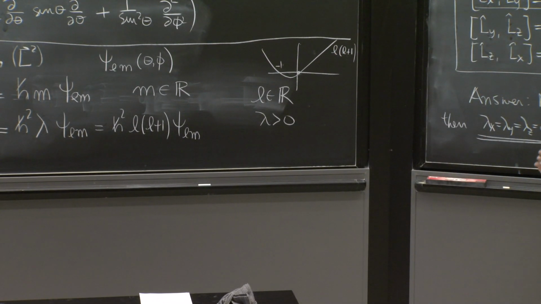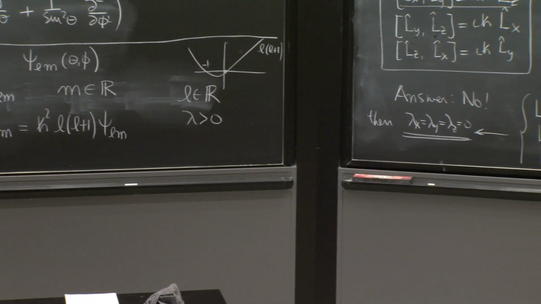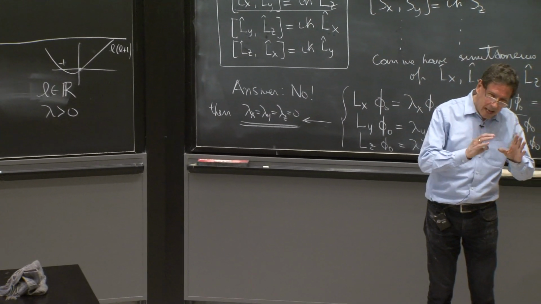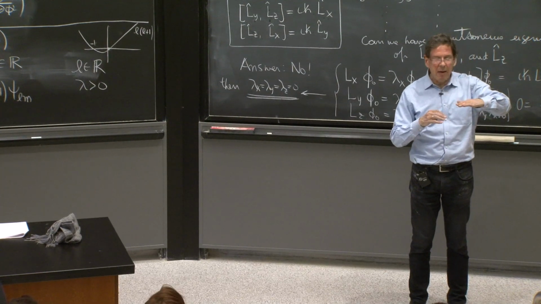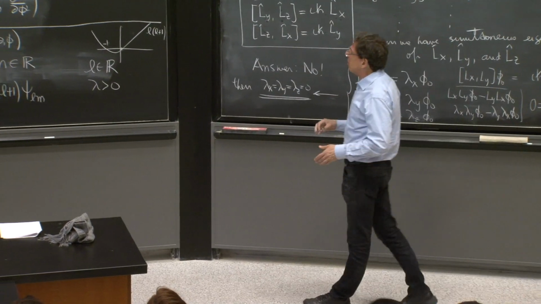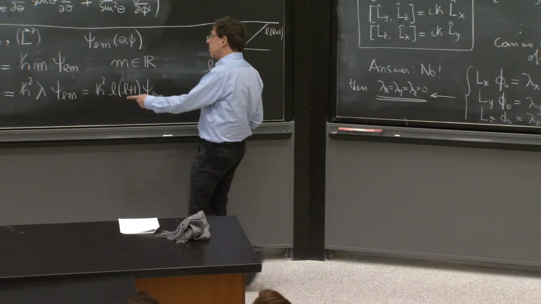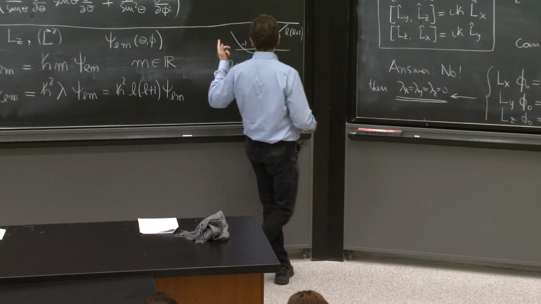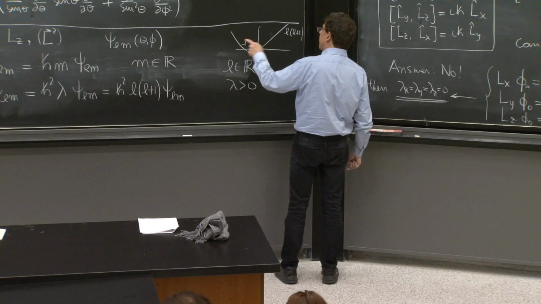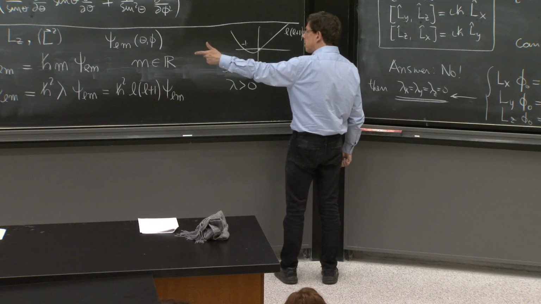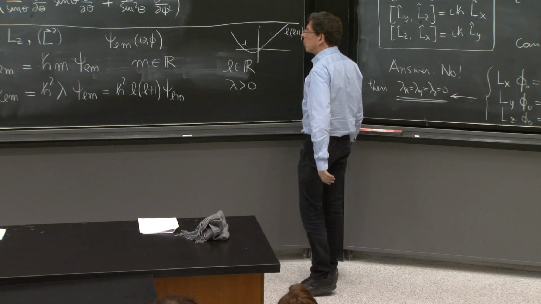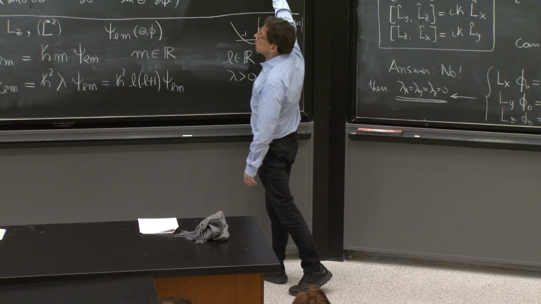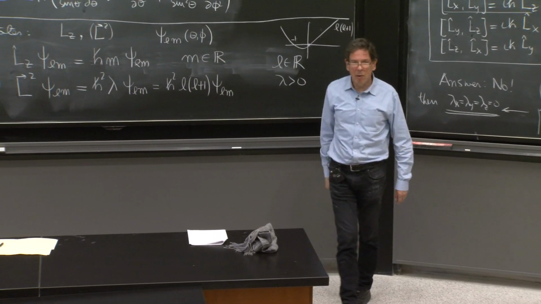So there's nothing wrong with writing that the eigenvalue is of the form L times L plus 1. Because we know the eigenvalue is positive, whatever lambda you give me that is positive, I can always find, in fact, two values of L for which L times L plus 1 is equal to lambda. We can choose the positive one, and that's what we will do. So these are the equations we want to deal with.